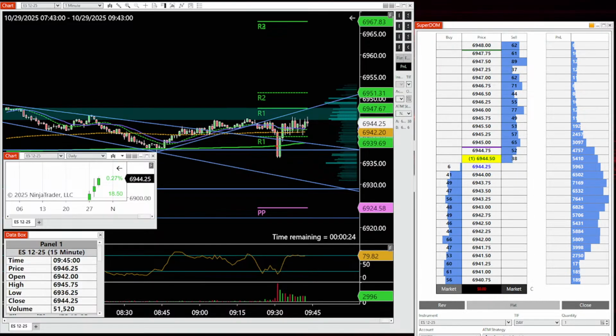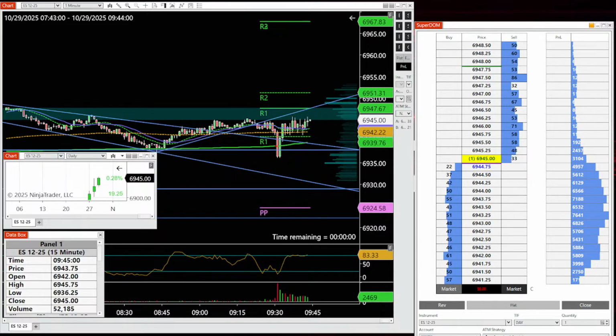But I definitely want to see this over 50 before I take a long. And for a short, you guys see it at least sell off, retrace, and then continue down. I don't want to take this first break of a short.